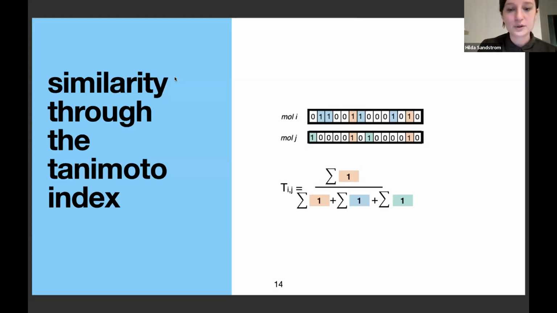So you get an index that ranges from 0 to 1, with 0 indicating that these molecules don't have any shared features in their fingerprints, and 1 indicating that all of the features triggered by this fingerprint are shared.